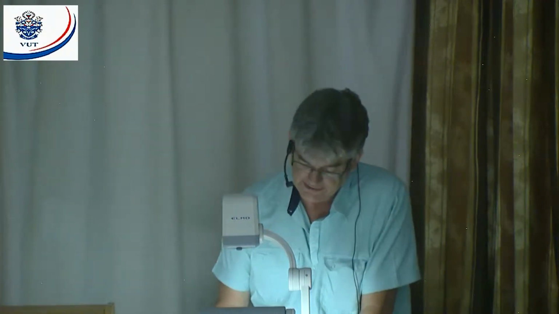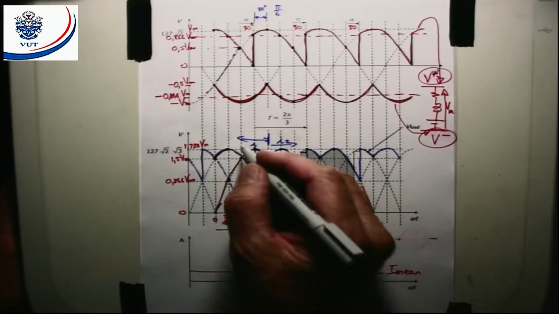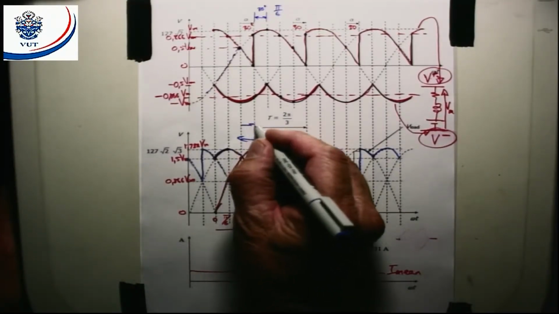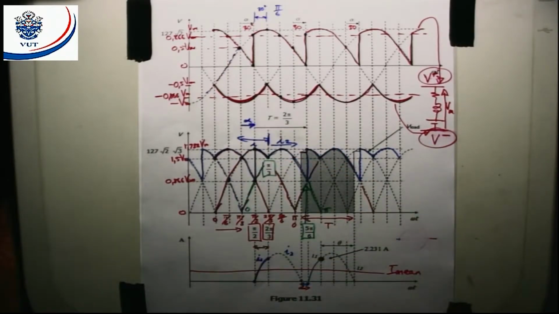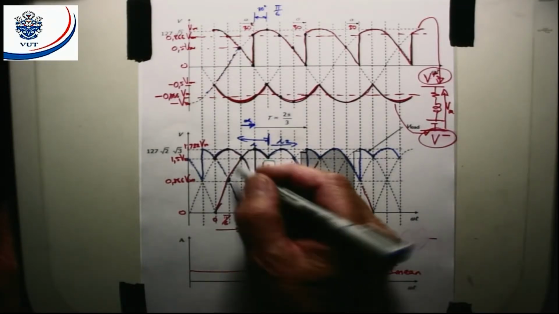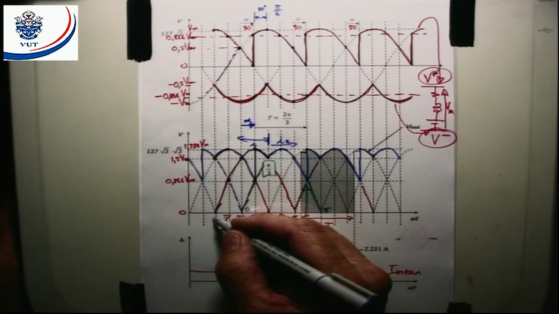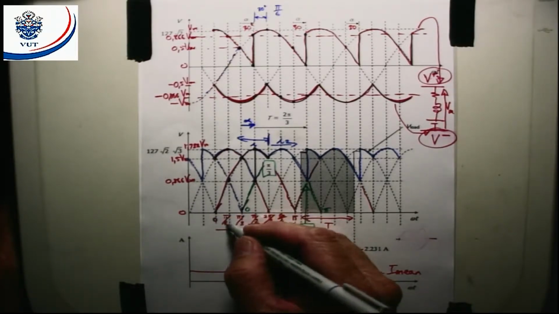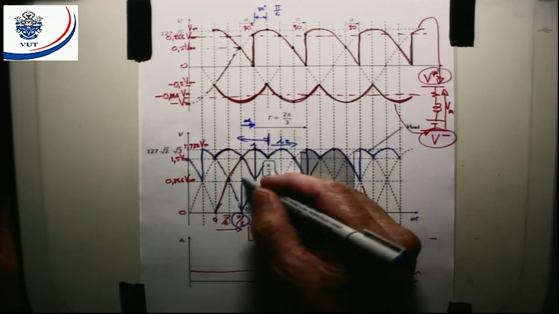Right, here we are. If my alpha is stretching from that point there, but that point there, where is it on this graph? Is it at 0? Is it at pi over 6? No, it is at pi over 3.